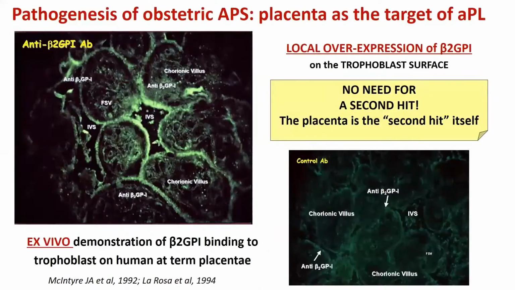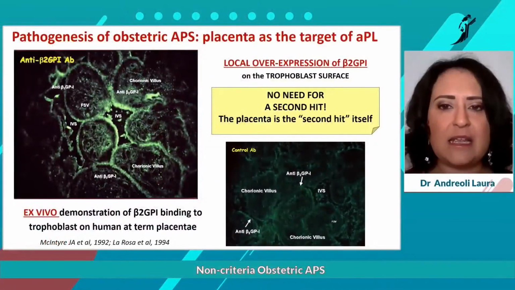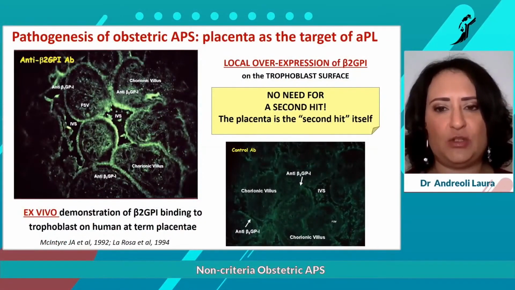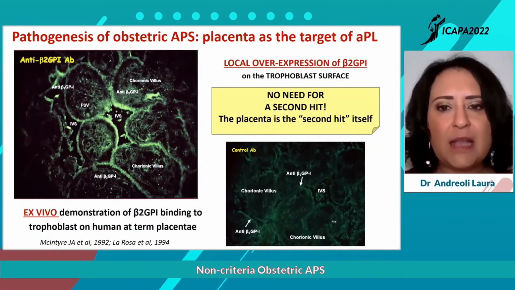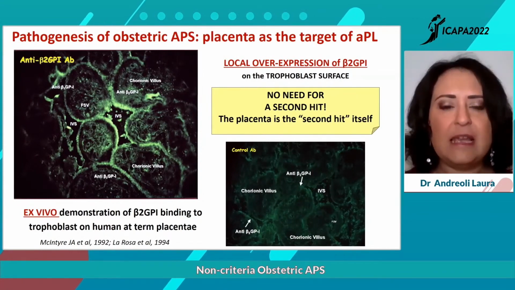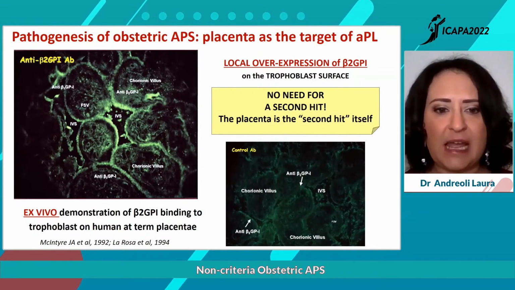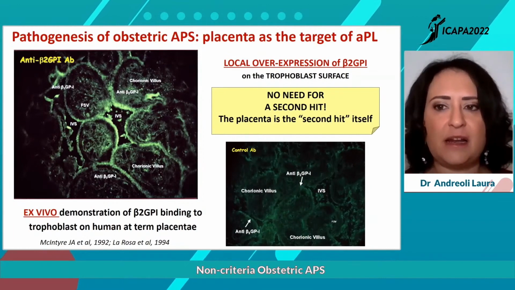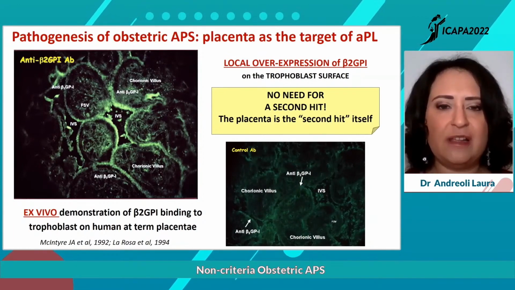And I'll tell you why. Because we know that placenta is full of beta-2 glycoprotein 1. So if a patient is carrying these autoantibodies, they will naturally bind to the placenta and exert their pathogenic potential.